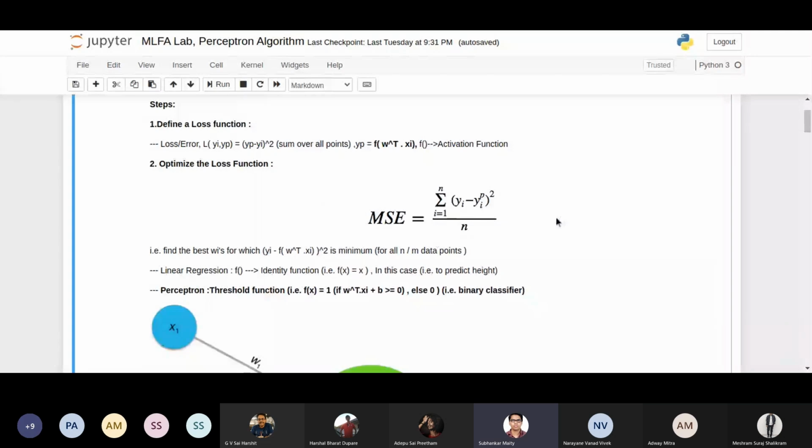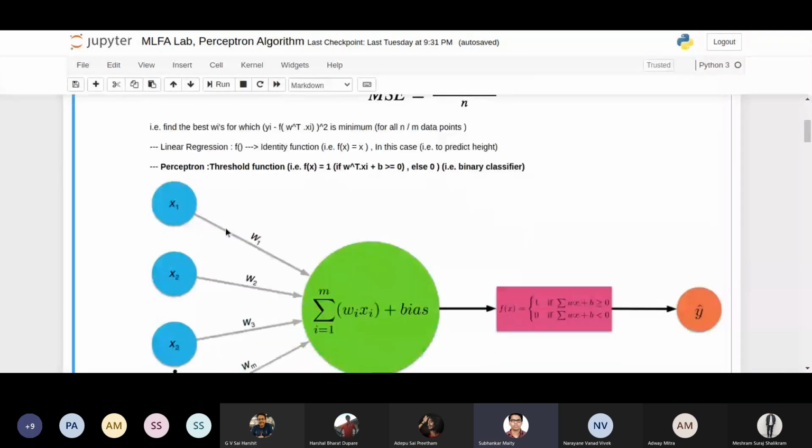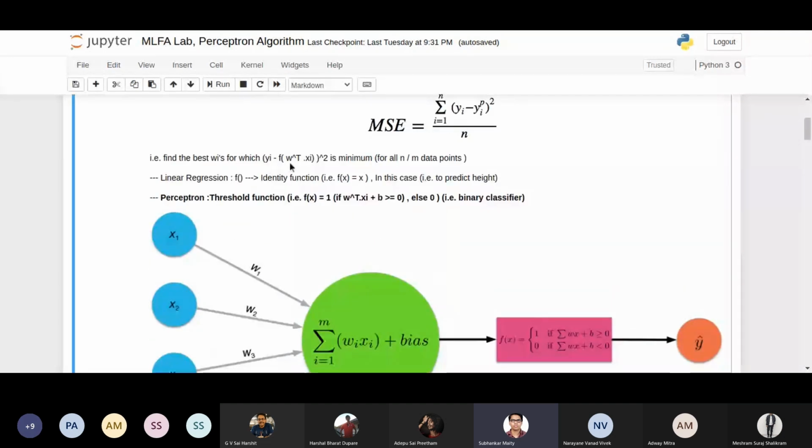So what is the meaning of the equation? The meaning is to find the best w's for which this loss function, which is yi minus yp, where you can replace yp as a function of w transpose xi plus b, whole squared, is minimum for all n data points.